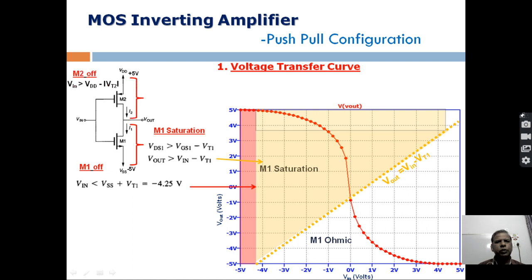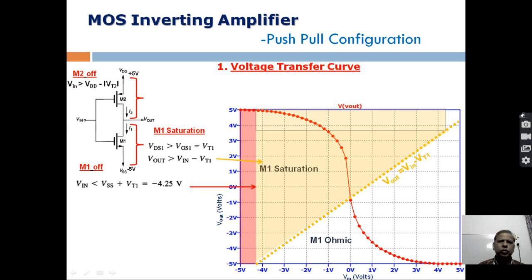So when the input voltage is greater than VDD minus VT2, where VT2 is the threshold voltage of this device, the device goes into the off state. For example, VDD is 5 volt, and Vt for this device is minus 0.75.